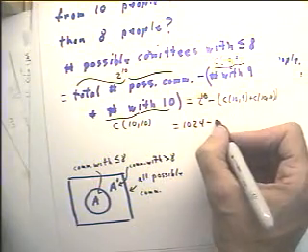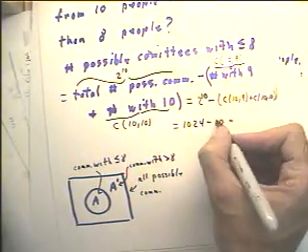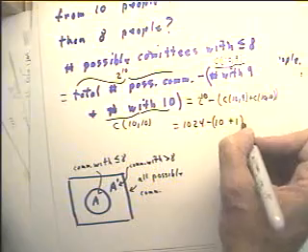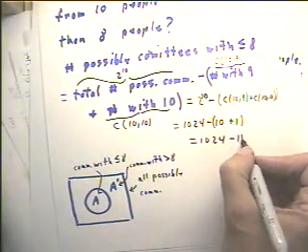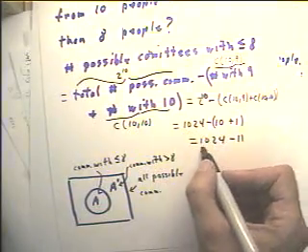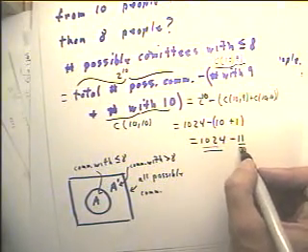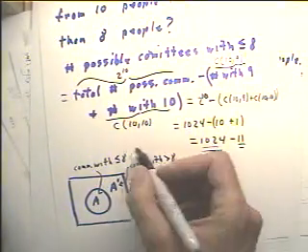C of 10, 9 is easily found to be 10, and C of 10, 10 is 1. So we have 1024 minus 11. The 1024 possible committees minus the 11 that have either 9 or 10 members.